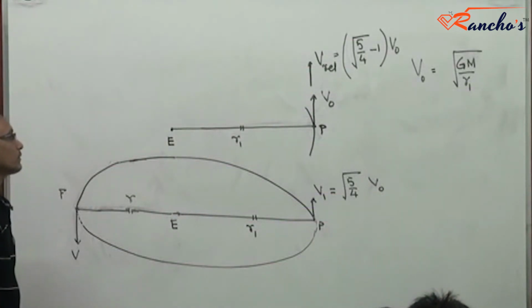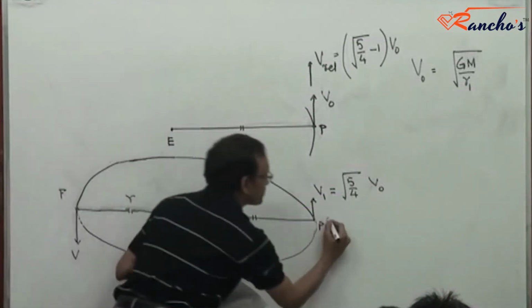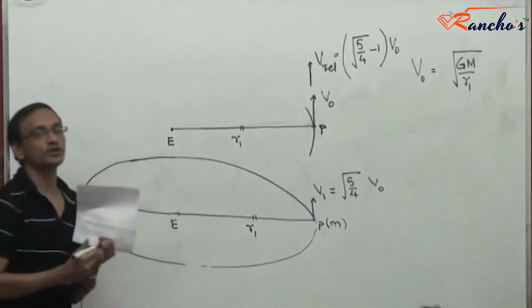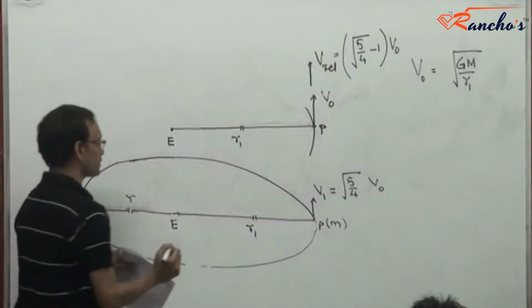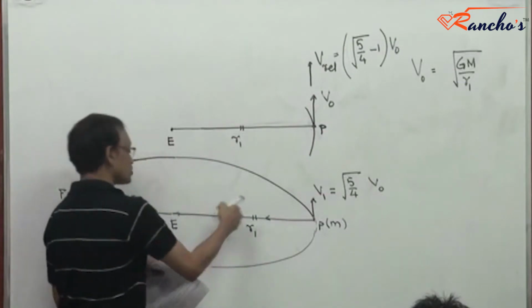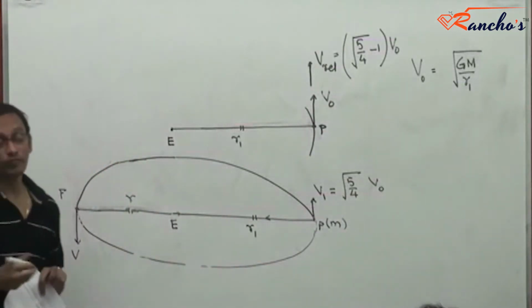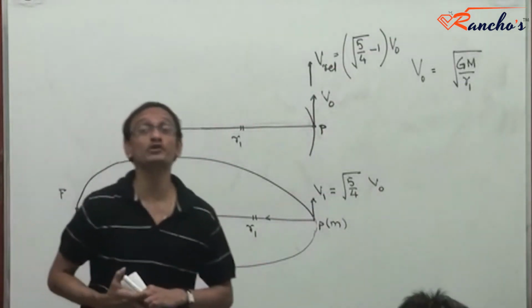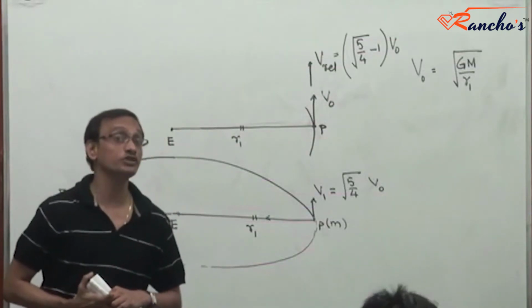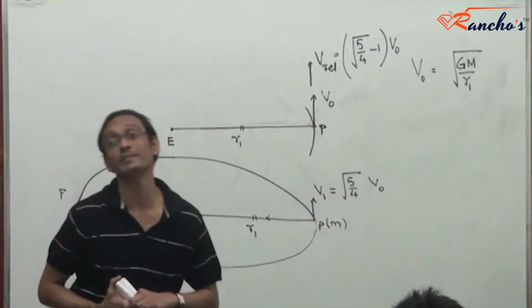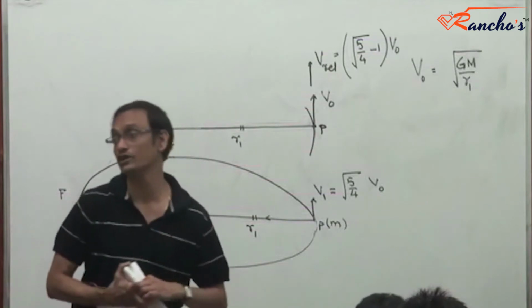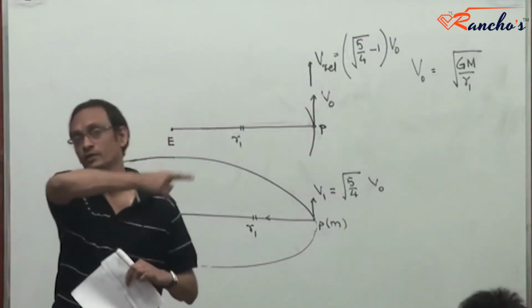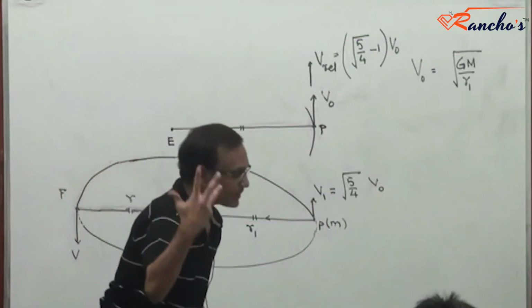Now, if m is the mass of the particle, do you realize that the total force that the particle experiences would be always directed towards the Earth? Therefore, this force will never produce any torque about the Earth, and therefore the total angular momentum about the Earth will remain preserved, right? Total angular momentum about the Earth for the particle enjoying this elliptic path will remain preserved.